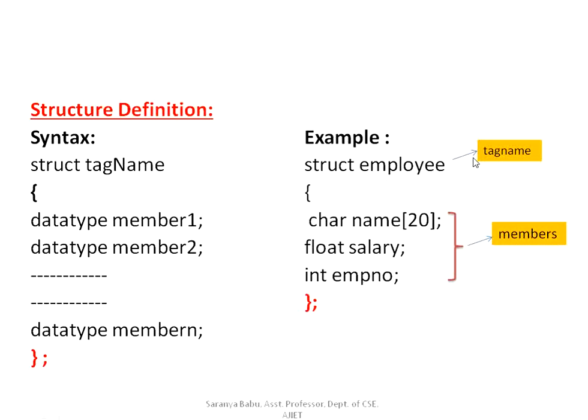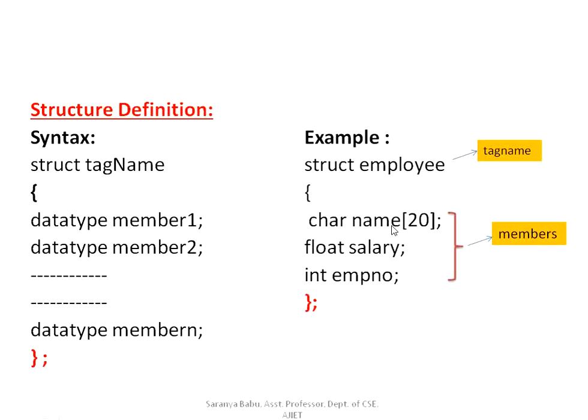You are going to give the tag name of your choice. I have given it as employee because I am going to describe an employee. Struct tag name is employee. Open the bracket, start the members. Which are the members that are used to characterize this employee? Again, these members can vary according to your choice. First, for a basic recognition, we need the name and employee number. Another one which I have given is salary. These are the details of this employee.